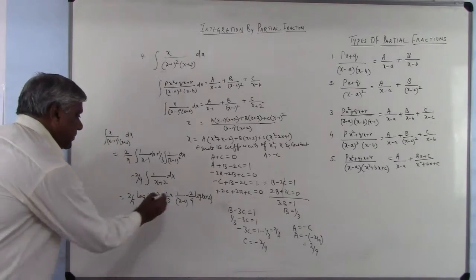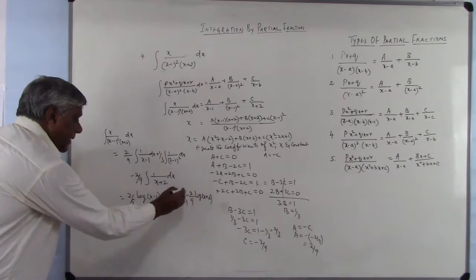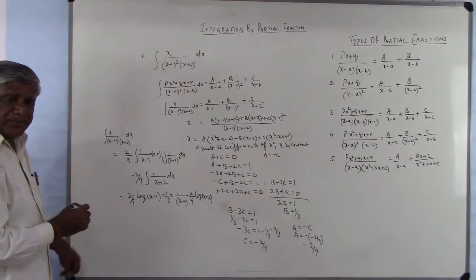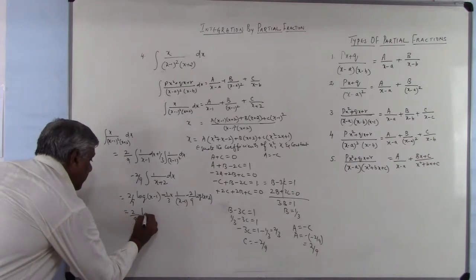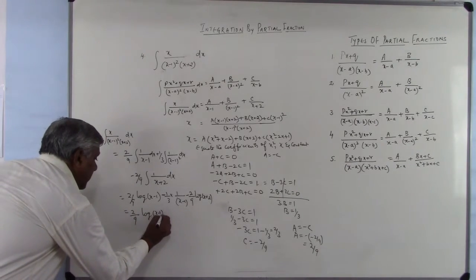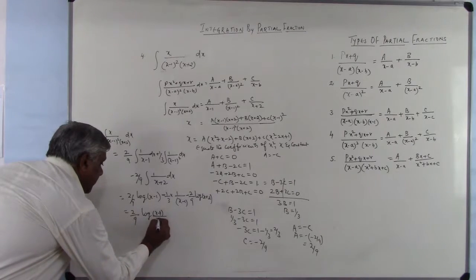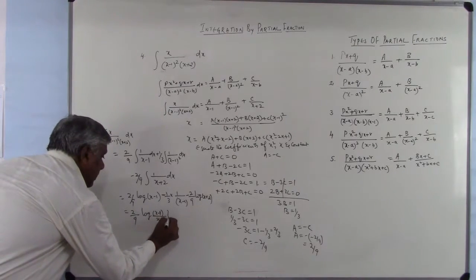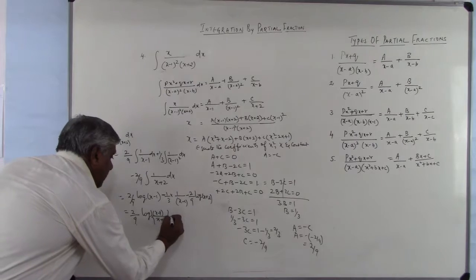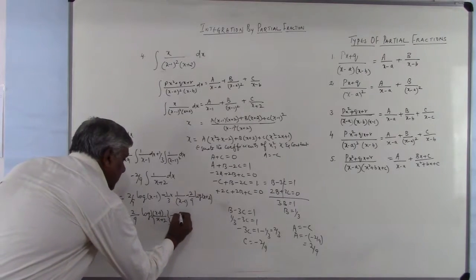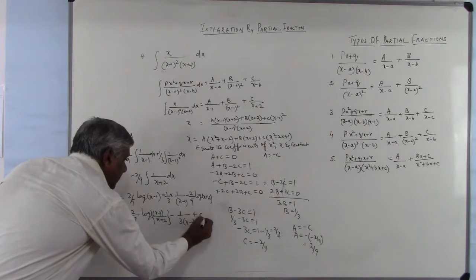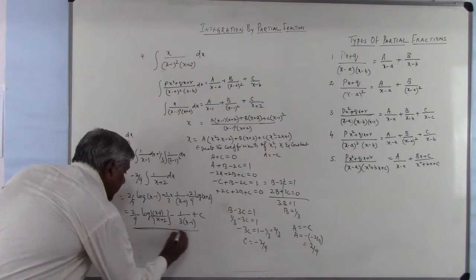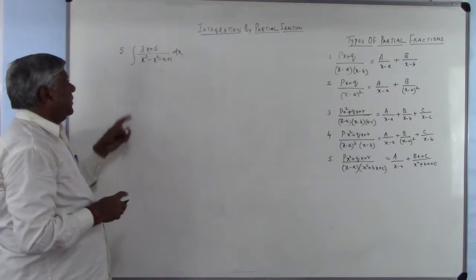So this is the answer for this. This is equal to 2 by 9 log of x minus 1 by x plus 2, minus 1 by 3 into x minus 1, plus c. This is the answer. Now we will see this problem.